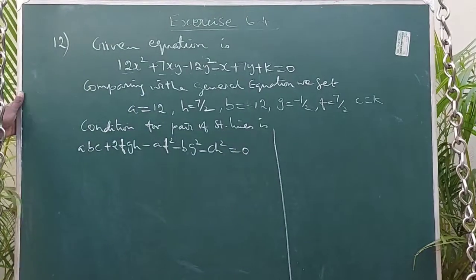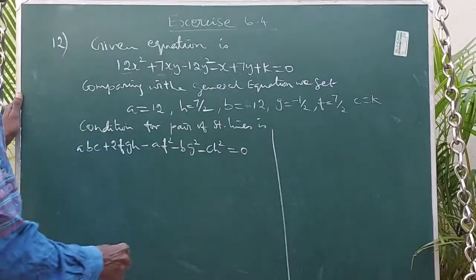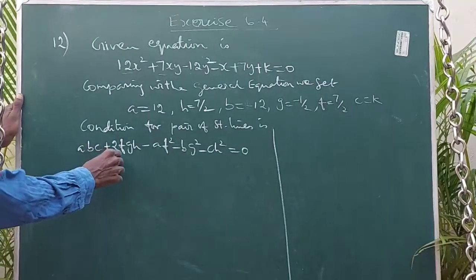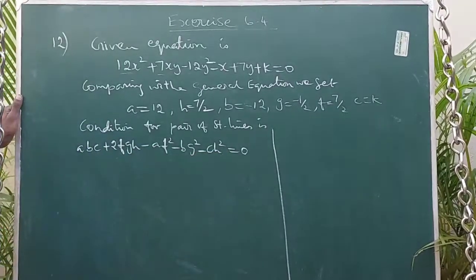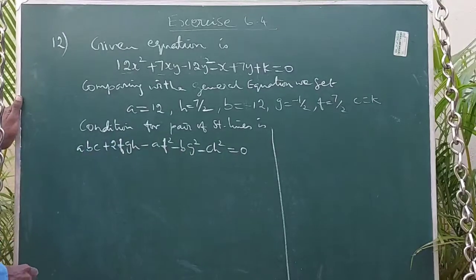Now we know that the condition for the pair of straight lines is abc + 2fgh − af² − bg² − ch² = 0. So look at this, this is the condition.